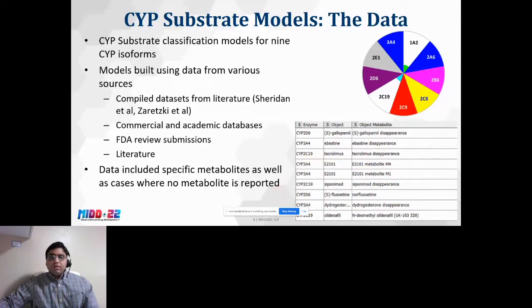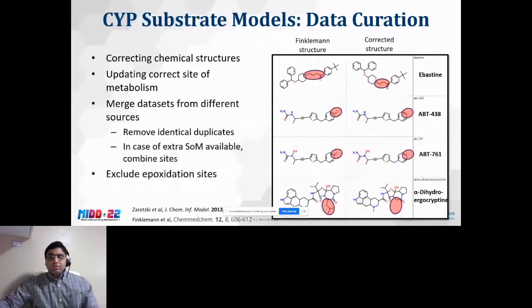Once we had compiled our substrate dataset, the next step was simple but very expensive: data curation. We followed a data curation process to remove all the possible errors from the datasets, which includes correcting the chemical structures or correcting the sites of metabolism.